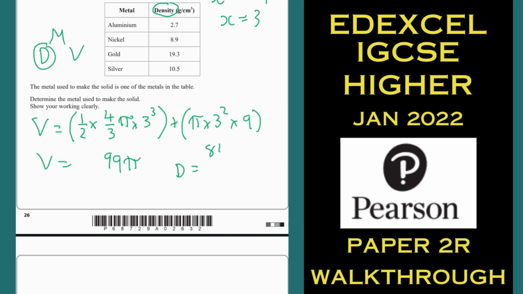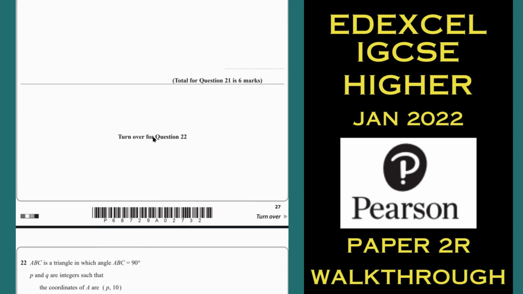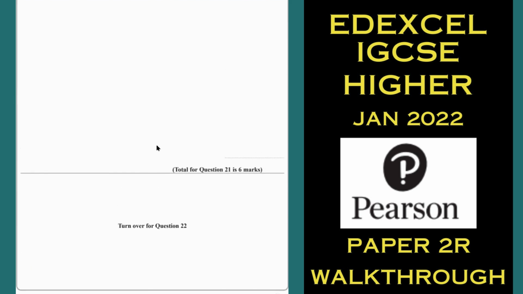Density equals mass divided by volume, 99 pi, and you get 2,700. Boom! It's got to be the aluminium, or if you're in America, aluminum, but notice how it's spelled, please. Aluminium. That's the correct spelling of aluminium.